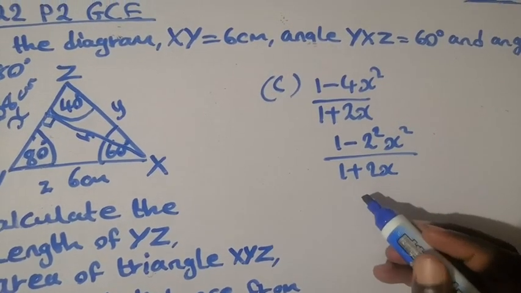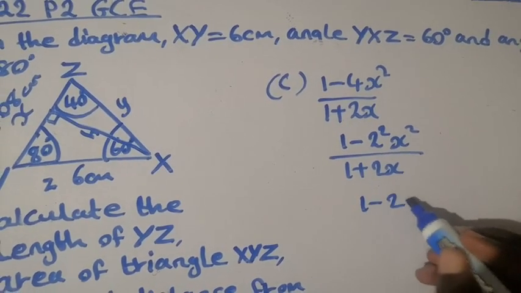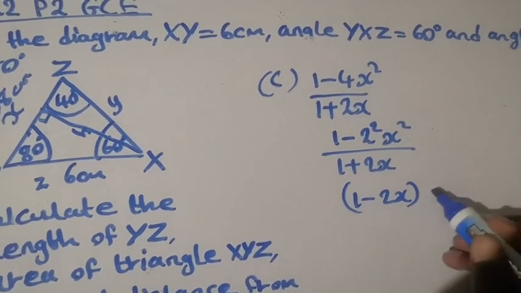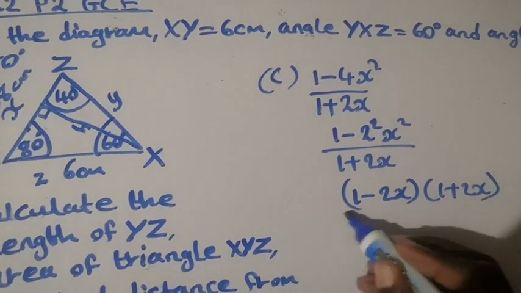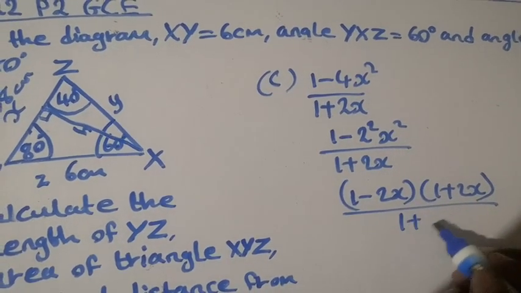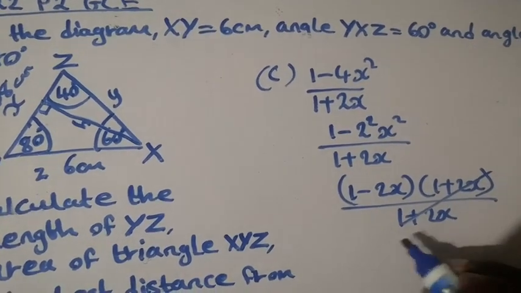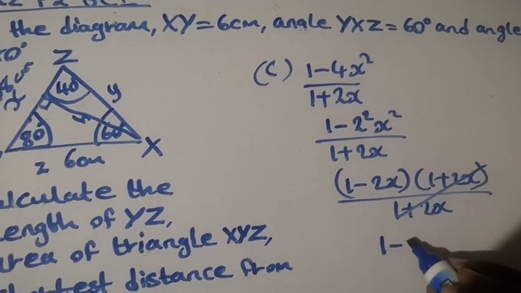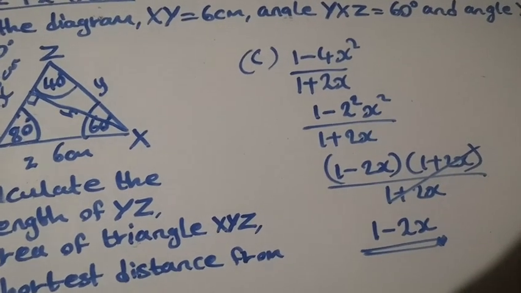On the numerator, the difference of two squares, we expand as 1 minus 2x, then 1 plus 2x, over 1 plus 2x. So this will cancel, then we remain with 1 minus 2x as our final answer.